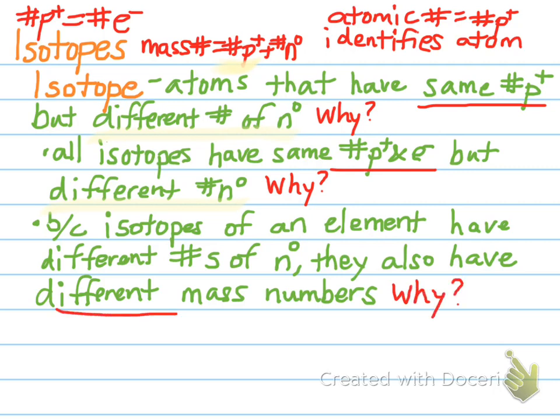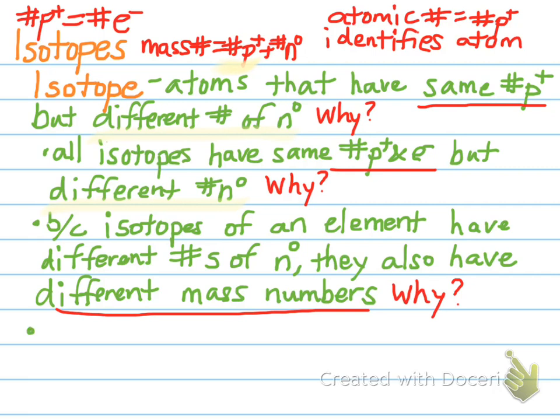So why do they have different mass numbers? Again, you would want to explain that. That's because mass number is the total number of protons and neutrons. Although these different isotopes have the same number of protons, because they're going to have different numbers of neutrons, that also means that their mass numbers will be different.